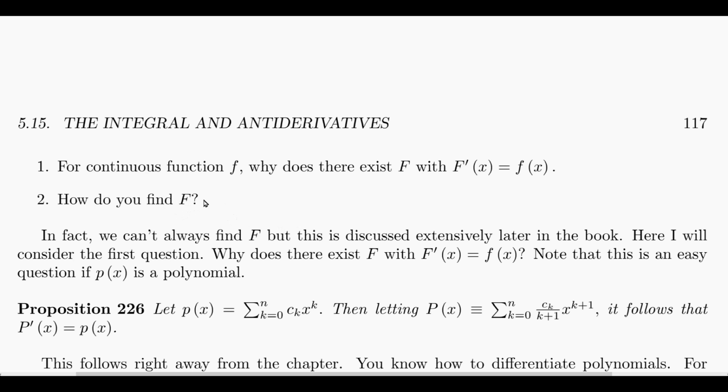And sometimes, no matter what we try, we just can't, at least not in terms of functions that we have names for. But just because you can't find a name for it doesn't mean it's not there. And that is what is considered in the first question.